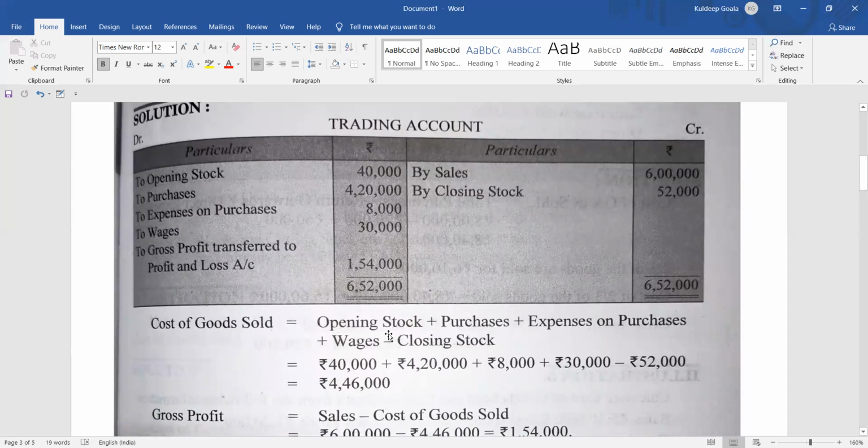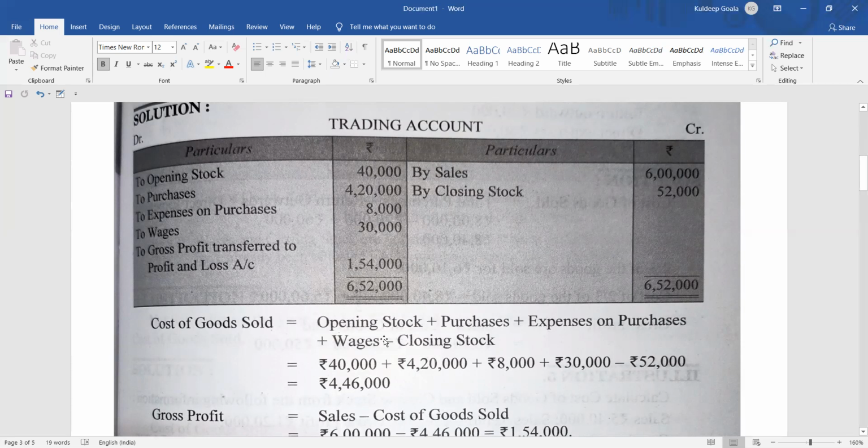Cost of goods sold equals opening stock plus purchases plus the direct expenses, that is expenses on purchase plus wages. Expenses on purchase and wages were the direct expenses, right? So that will be added here, and at last minus the closing stock.